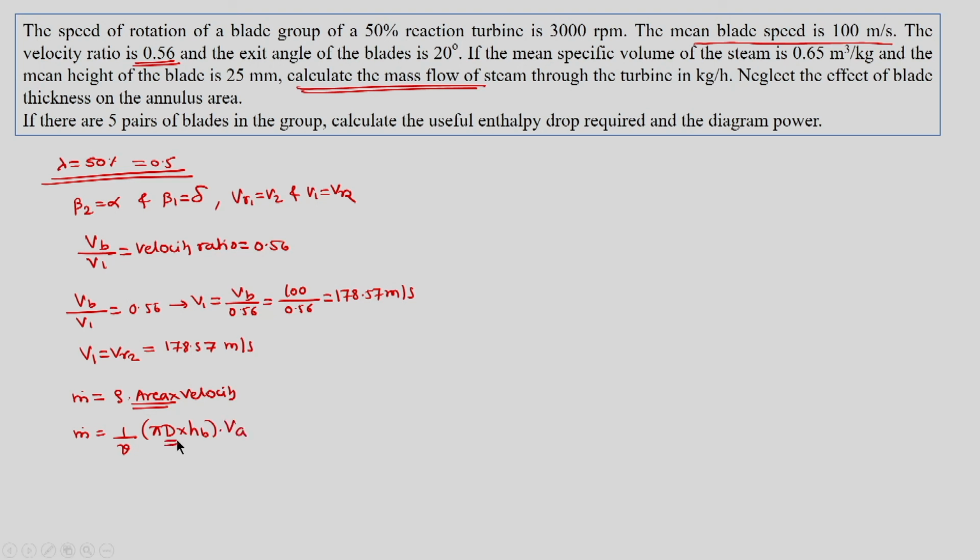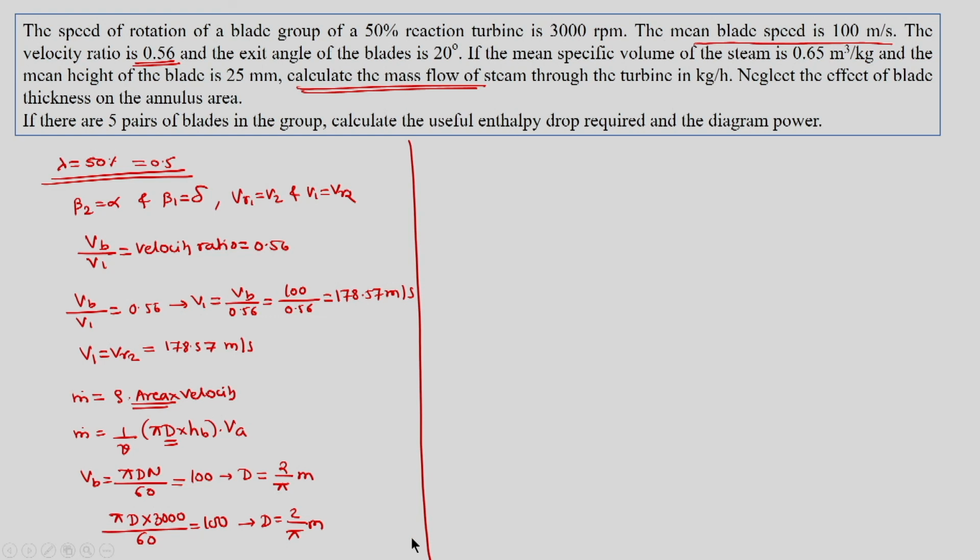Here we need the diameter, and we can find it from Vb equal to pi D N by 60, where Vb is 100. So pi into D into N, where N is 3000 divided by 60, is equal to 100. So we have D as 2 by pi meter.